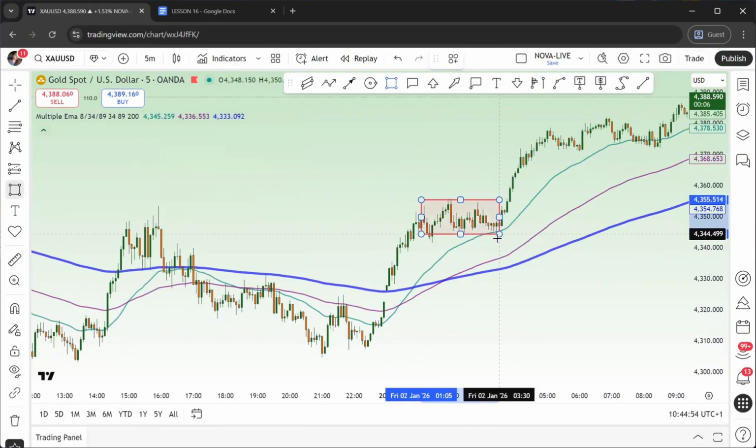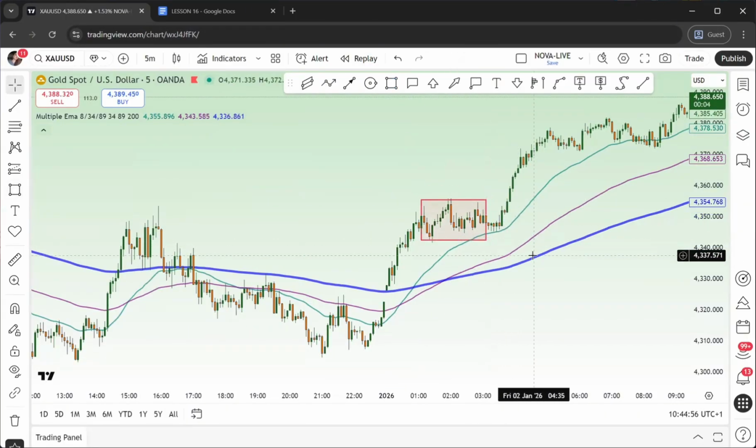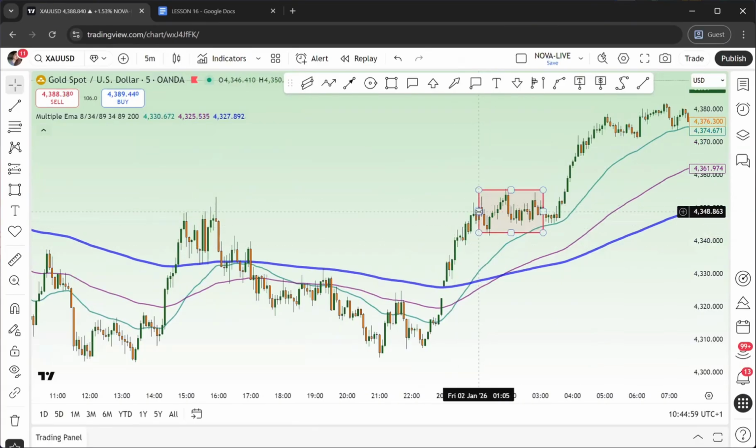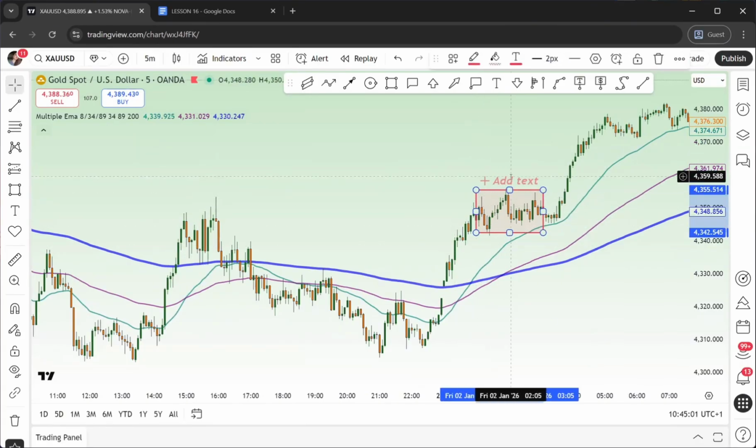All right, this is the example, when the market has peaks and valleys continuously. That is also when the market is moving in a sideways range.